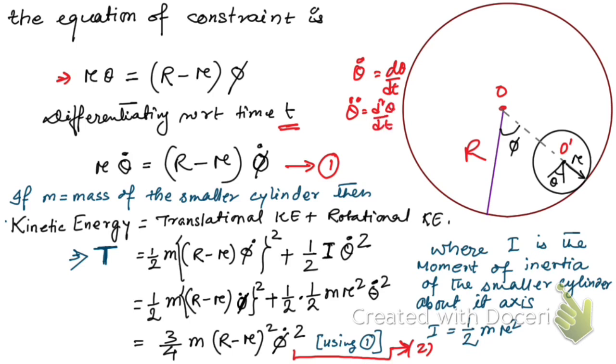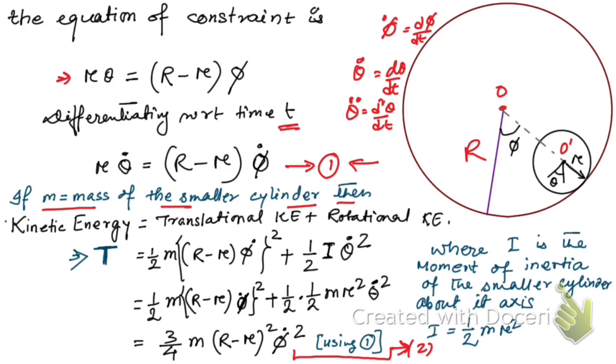Similarly phi dot means the derivative of phi with respect to time t, and phi double dot gives the second order derivative. And m is the mass of the smaller cylinder. Let me take this as equation number 1.